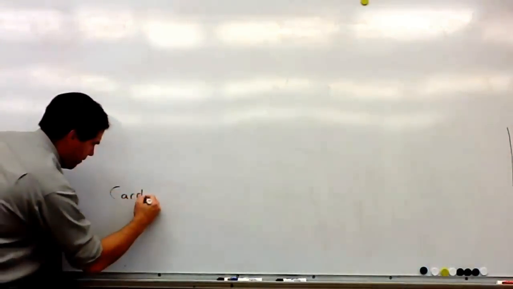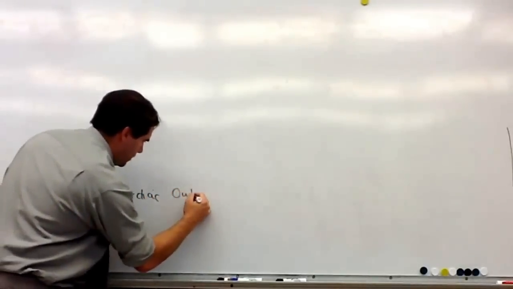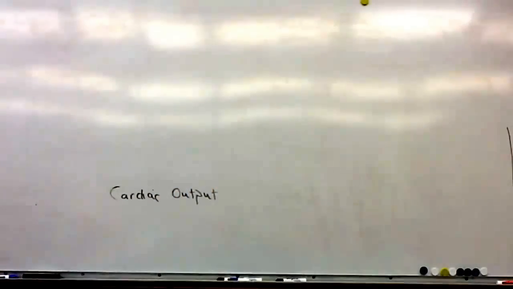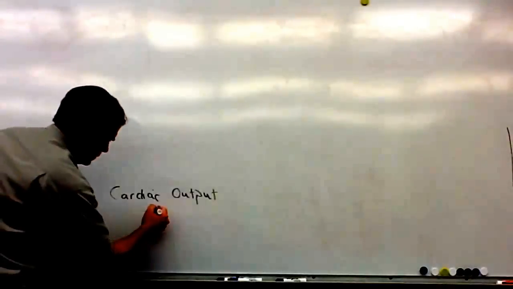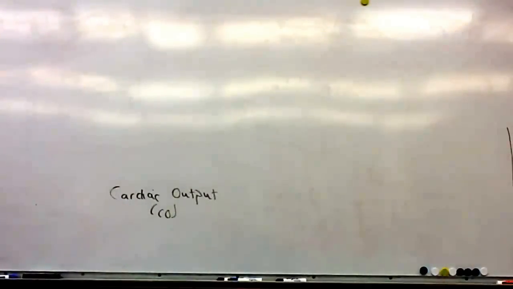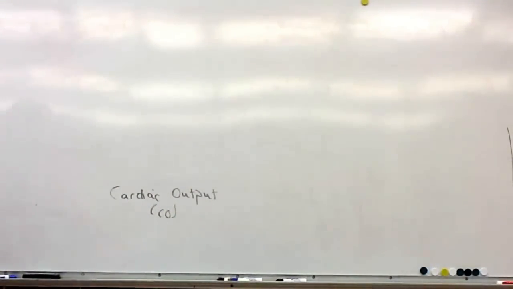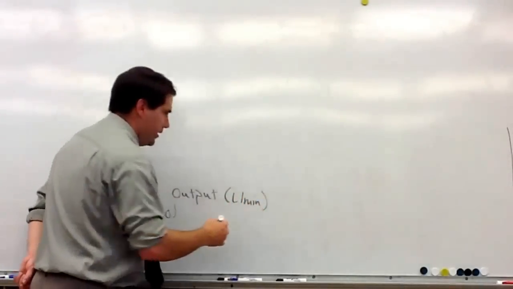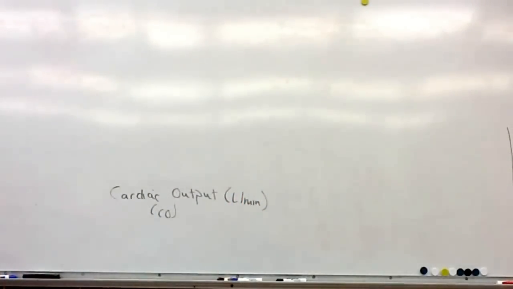So the first thing is, I always put this at the bottom, I'm not really sure why, but cardiac output, which I often abbreviate CO, is expressed in milliliters per minute or liters per minute. So it's how much blood is pumped per minute. So usually liters per minute. And it's the product of two things.